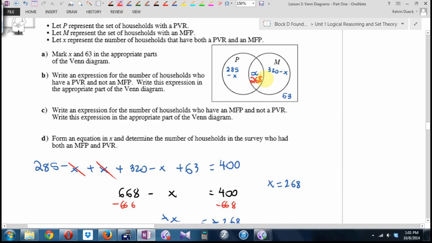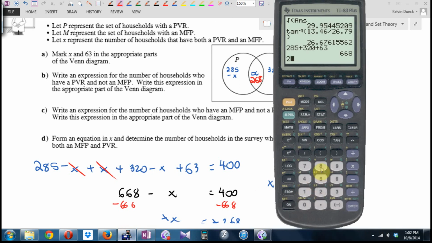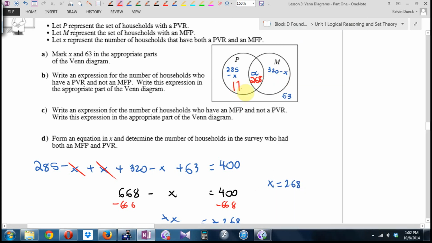How many have a PVR but not a printer? Whatever 285 minus 268 is, which is what? 17.